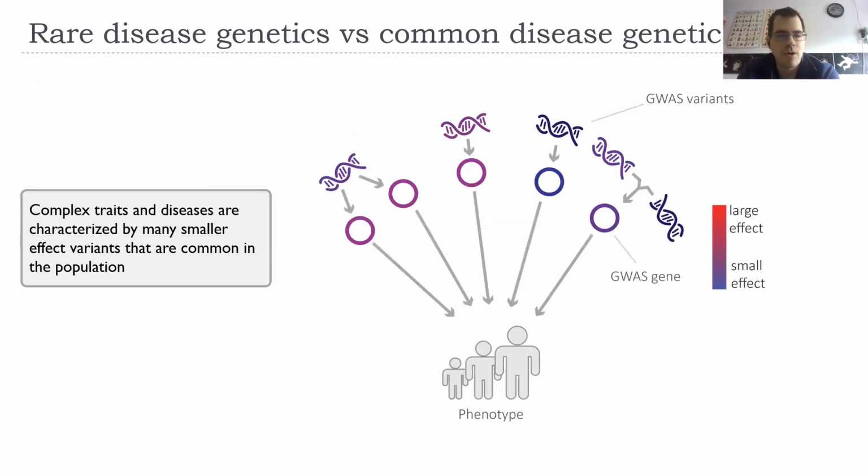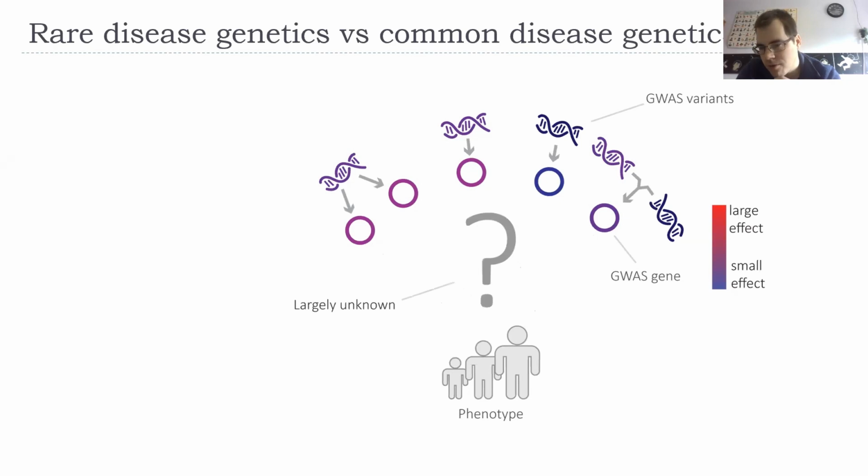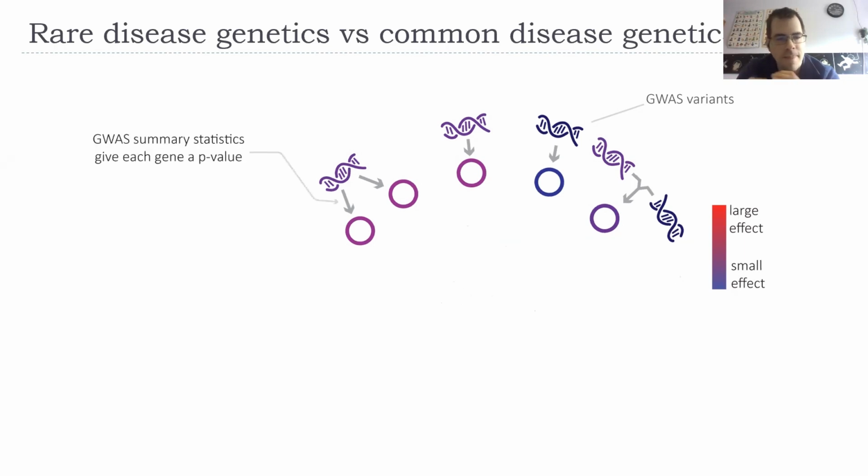These common traits and diseases are usually caused by a very large compendium of many different small effect variants, and quite often they can be related to a close nearby gene. But how this then influences the phenotype is typically unknown.